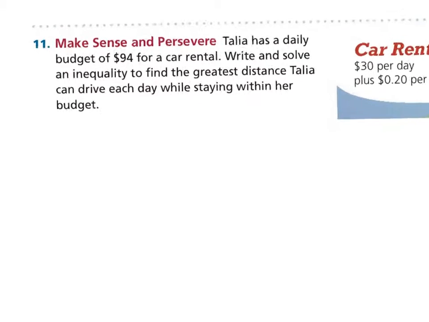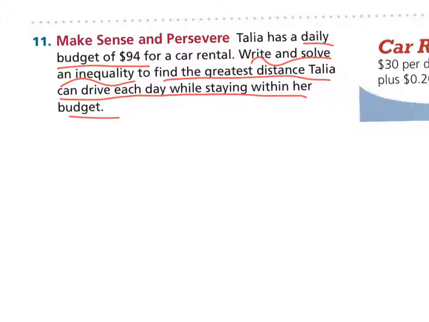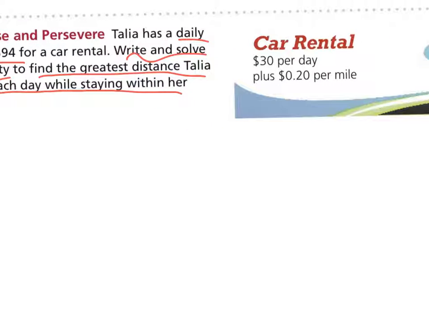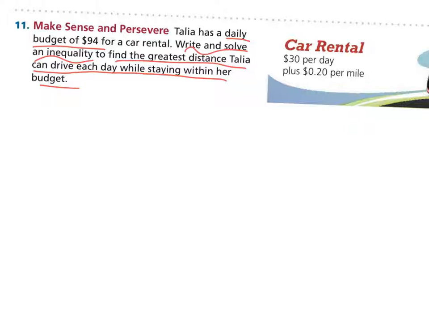Number 11, Talia has a daily budget of $94 for a car rental. Write and solve an inequality to find the greatest distance Talia can drive each day while staying within her budget. So you can see over by the picture here, it's $30 a day plus 20 cents per mile.